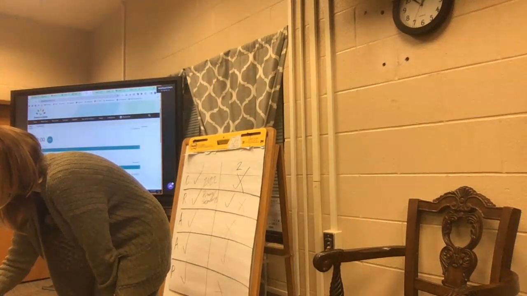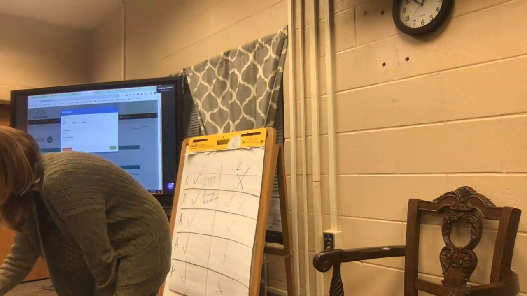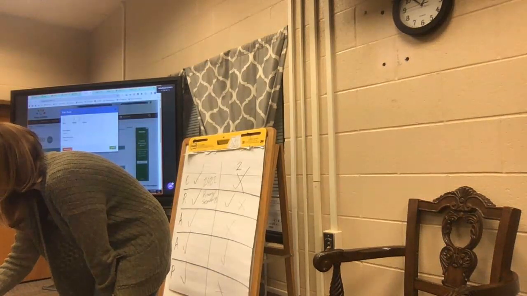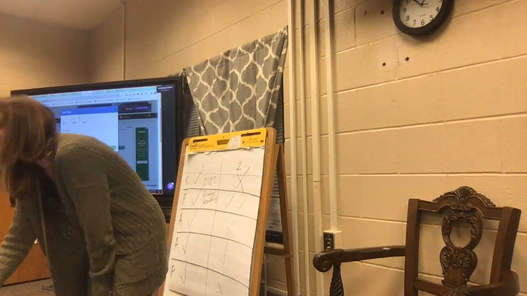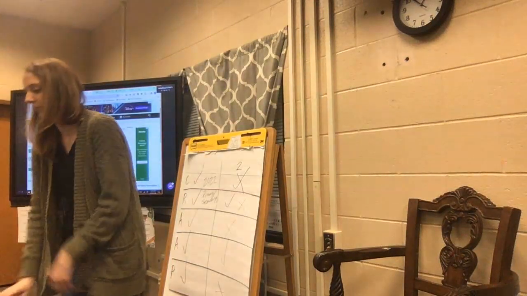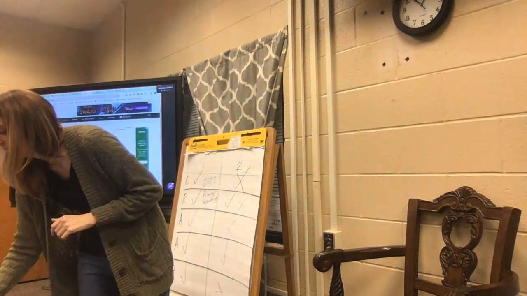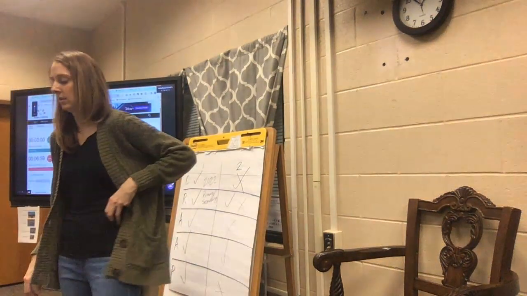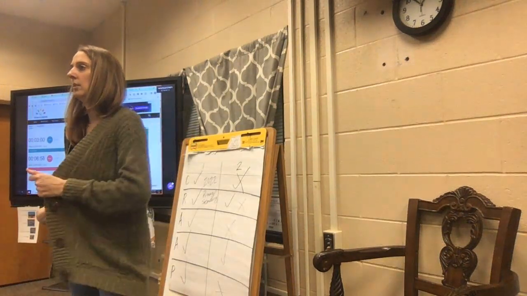Hey guys, I was going to give you 10 minutes, but we're running out of time and I need to get you back to class. So I'm giving you 5 minutes. Okay, I'll give you 7. Y'all need to stay on task and go through this. Do we have to do it the exact way?